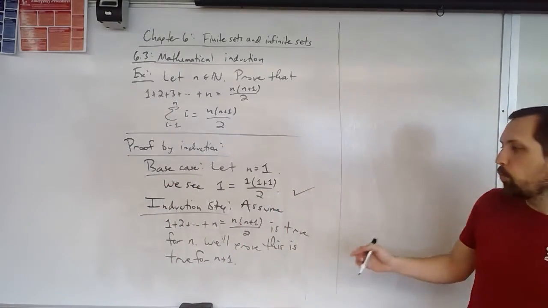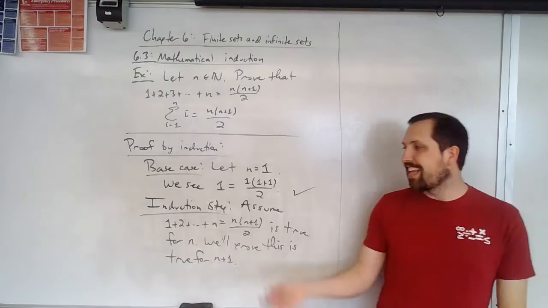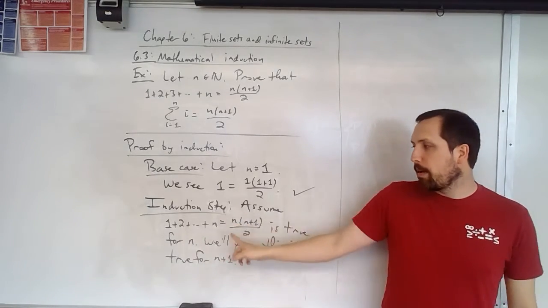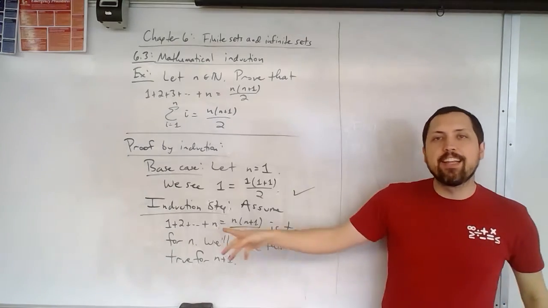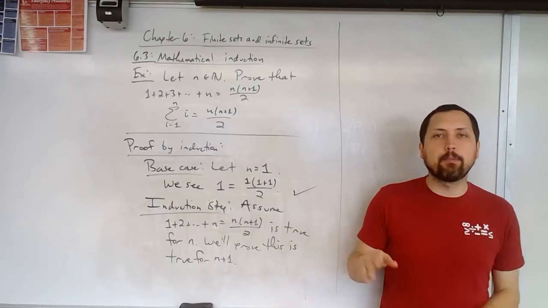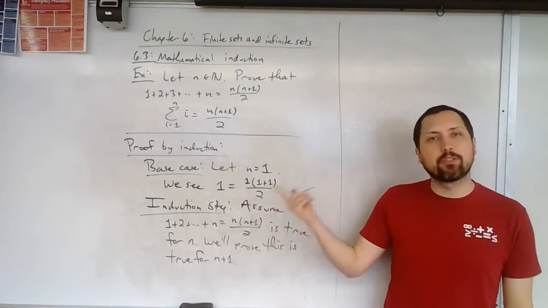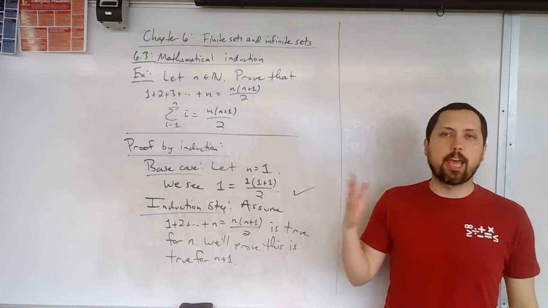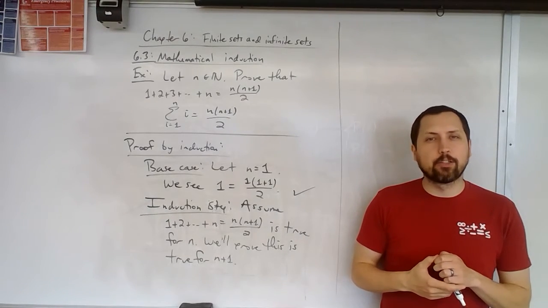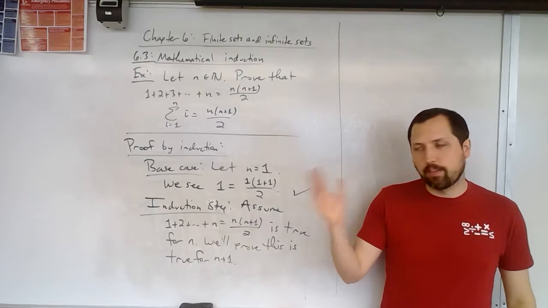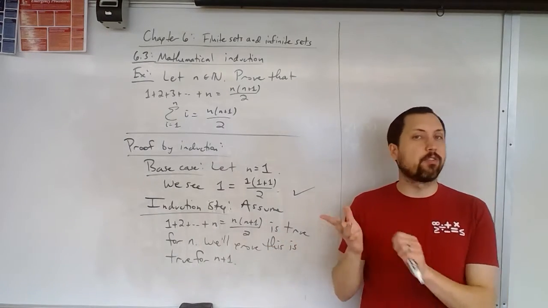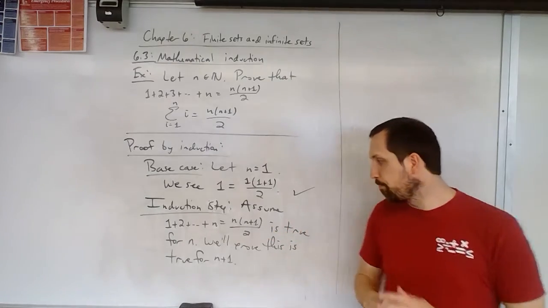Okay, now this is where the meaty part of the proof comes in, is what does this mean and how do we do it? So I'm assuming that basically for the variable n, this is going to be true. If you look up other proofs and other strategies, you might see people say that this is true for n equals k, prove that it's true for n equals k plus 1. I don't really like adding in an extra variable unless we really need to. But if what I'm doing is going to be really confusing and you're using another resource, feel free to do that if you need to.